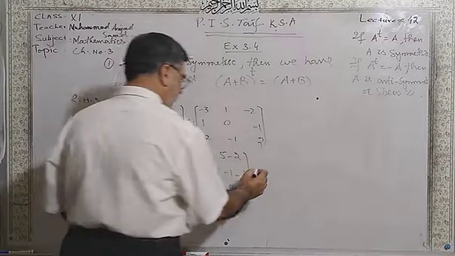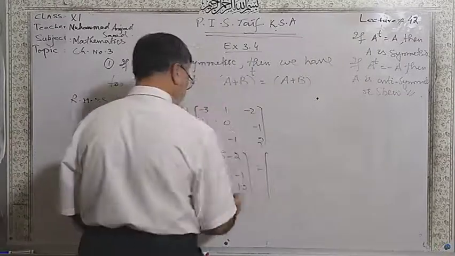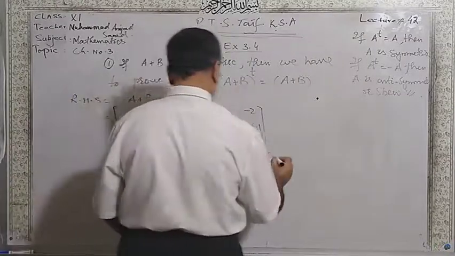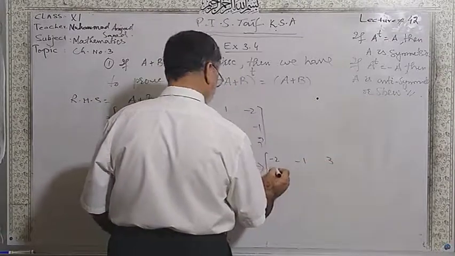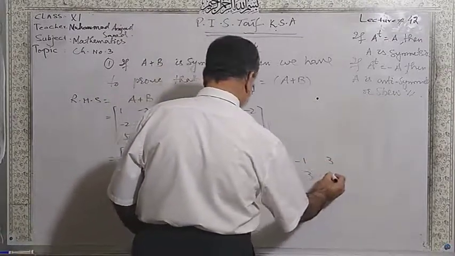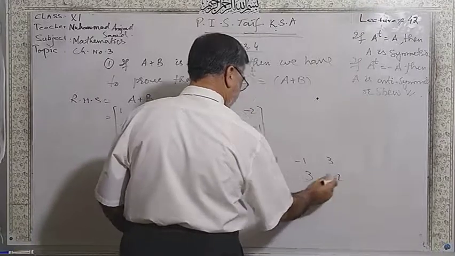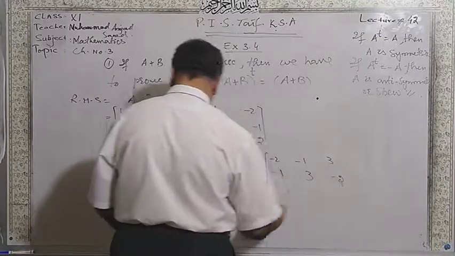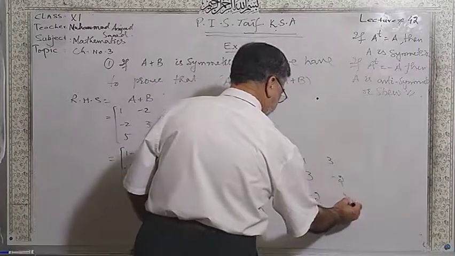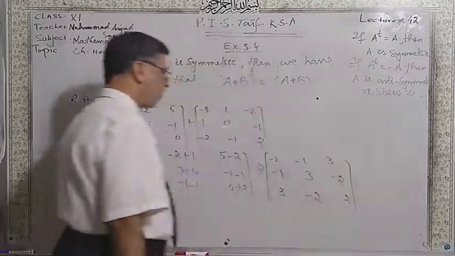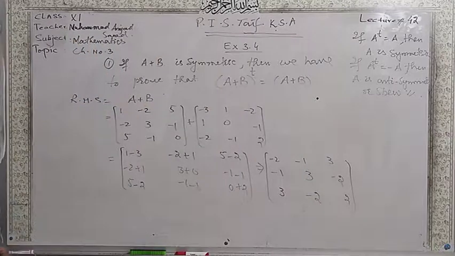We will write down, implies that there is minus 2, minus 1, 3, minus 1, 3, minus 2, 3, minus 2 and 2. Dear students, you have the right hand side A plus B equal to this one.